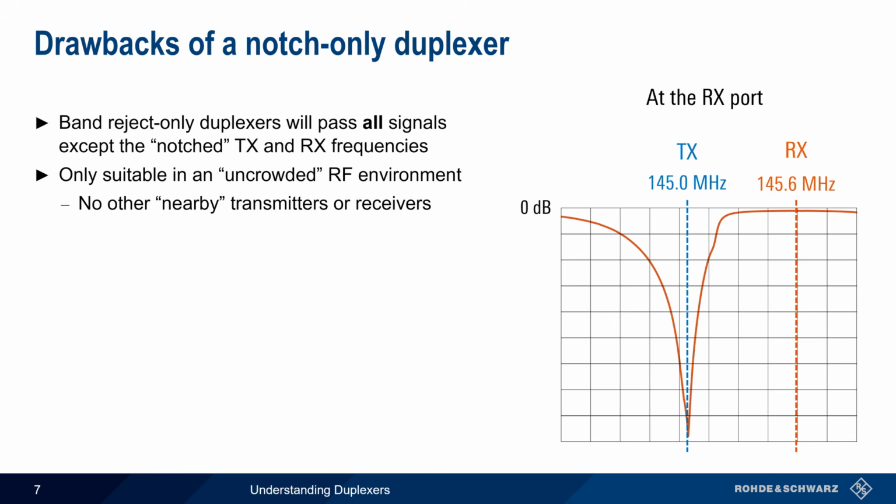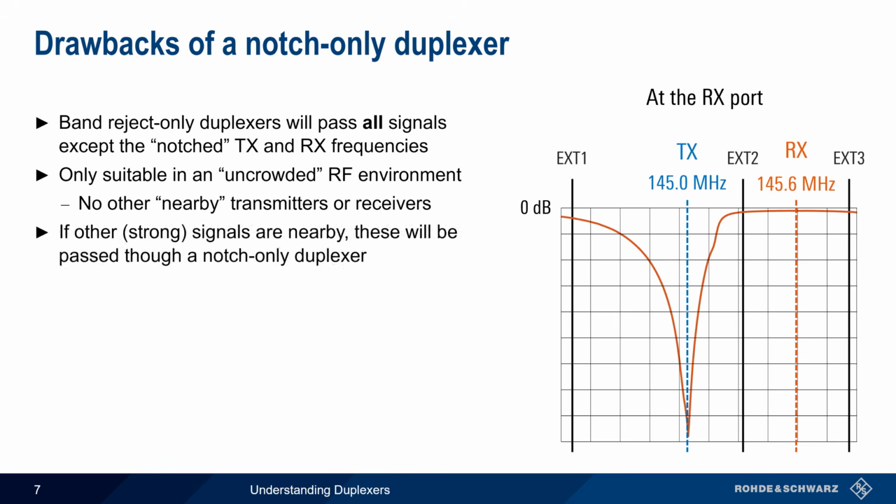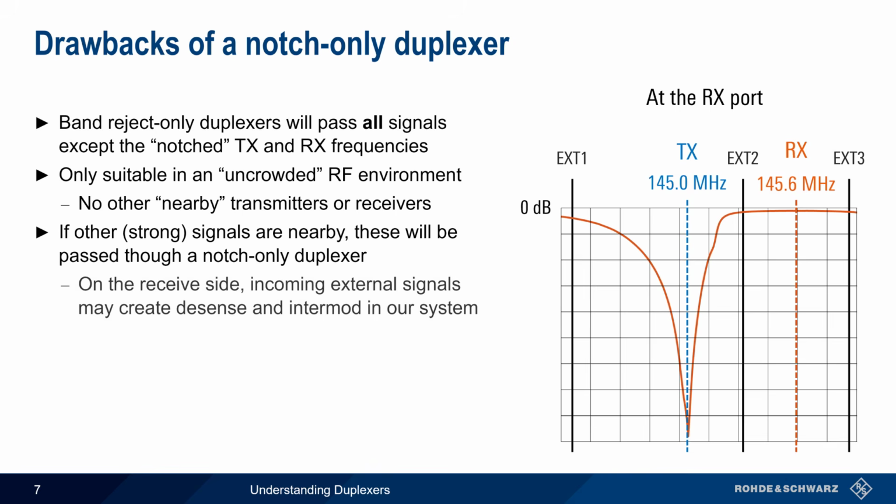By nearby, we mean both close in frequency as well as close in physical distance. If other strong external signals are nearby, these will be passed through a notch-only duplexer and can create the same type of issues we mentioned on the previous slide, namely desense and the creation of intermodulation products.